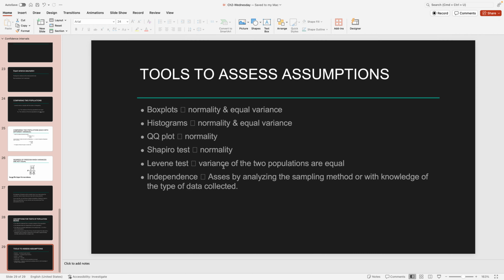So the null hypothesis is that the variances are equal. And independence, you have to assess by analyzing the sample method or knowledge of the data. So that is perhaps the most subjective in some cases, and independence is the one that cannot be assessed by a graph or a p-value.